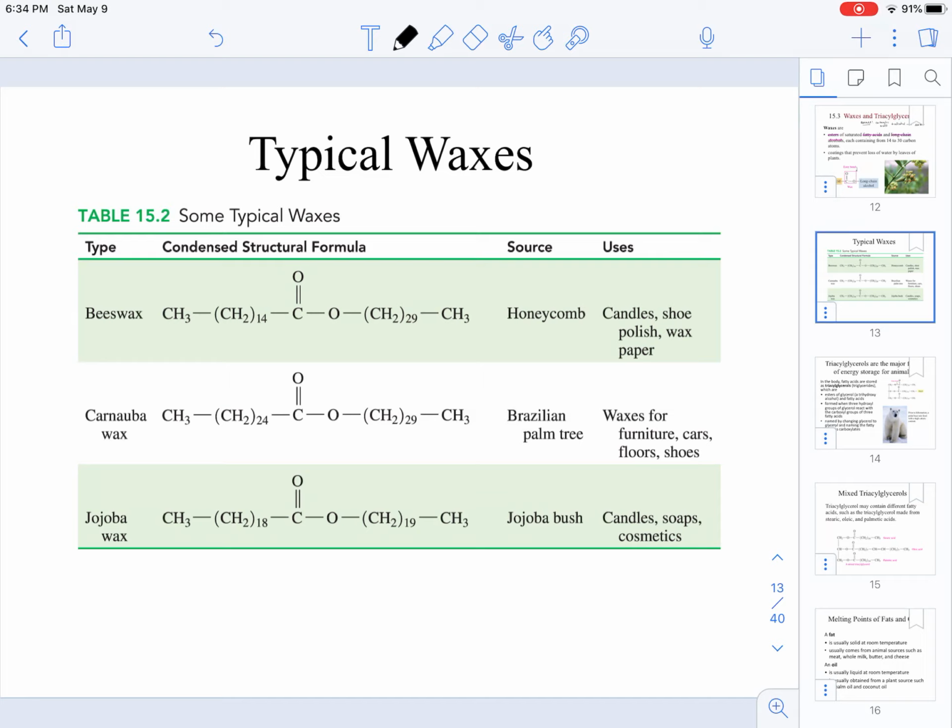Just understand that waxes can come from animal sources or plant sources. And as you can see here, we have beeswax, which comes from an animal. We have carnauba wax, and we also have jojoba wax.